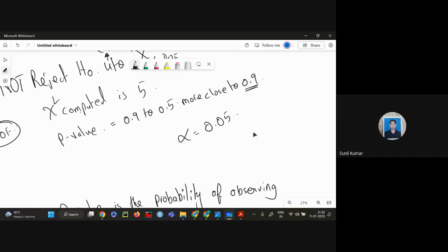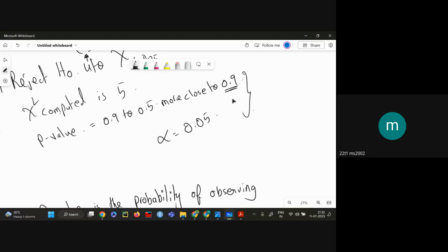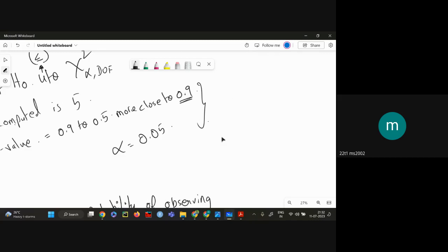It is the probability of observing the sample given the hypothesis is true. If that is 0.9, compared to 0.05, what is the conclusion? You never accept; you only say do not reject. Fail to reject the null hypothesis.